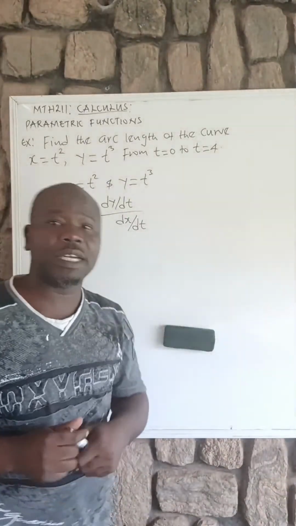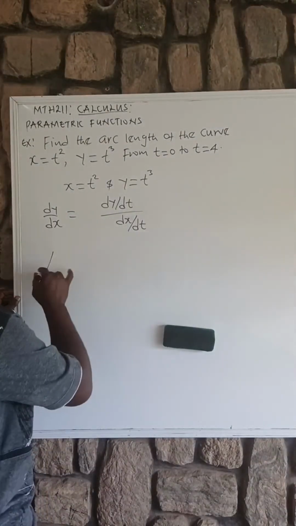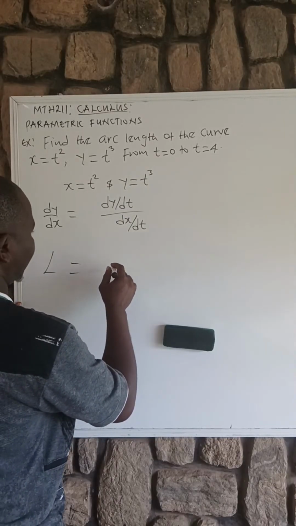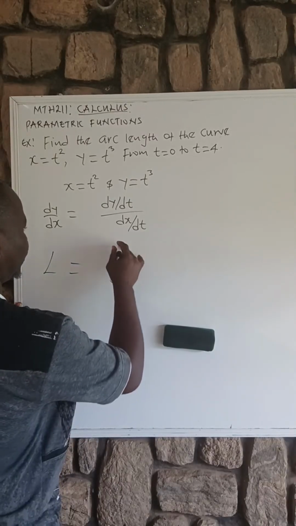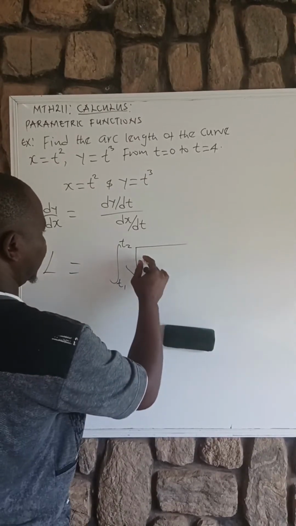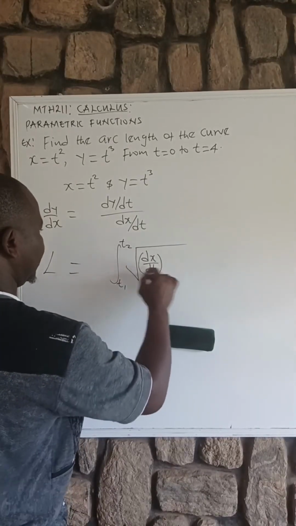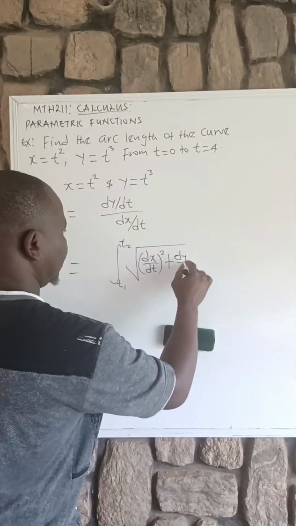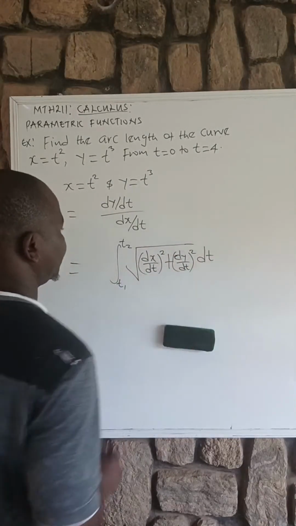So the formula to find the arc length is given as L equals the integral from t1 to t2 of the square root of (dx over dt) all in bracket squared plus (dy over dt) all in bracket squared, times dt.